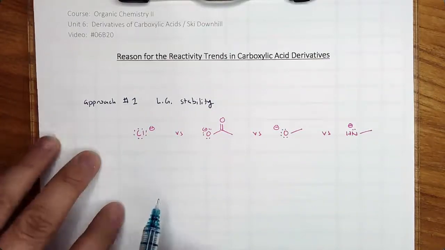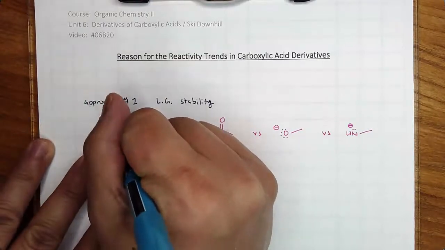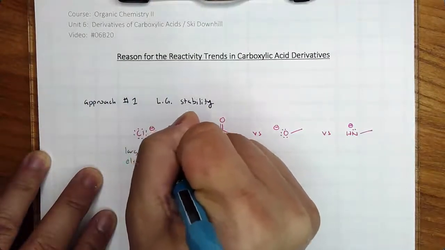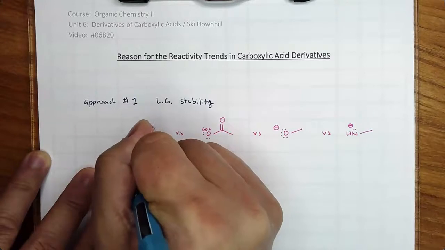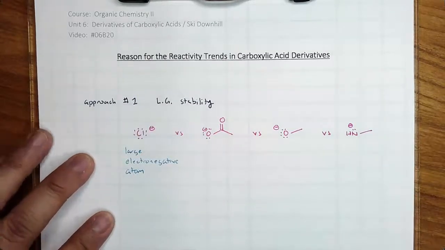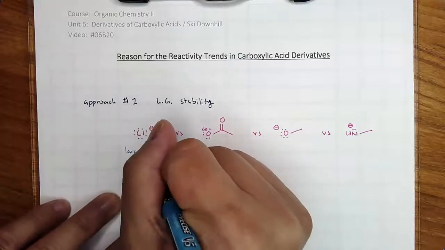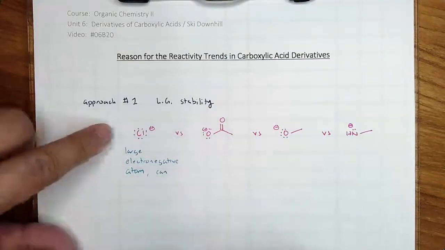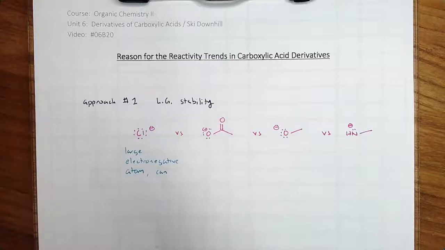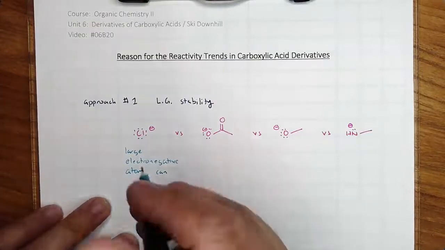Chlorine is a large, electronegative atom, so it can accommodate the negative charge. Because it's a large atom, you could think of it as being able to spread out this negative charge over that one atom.